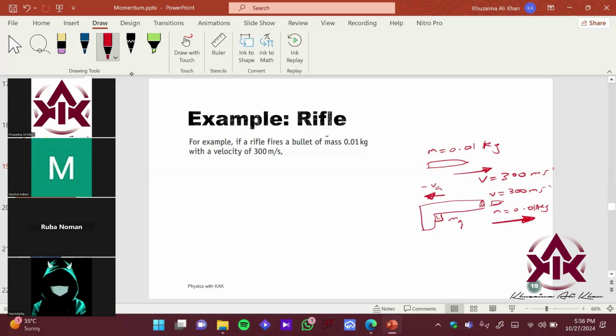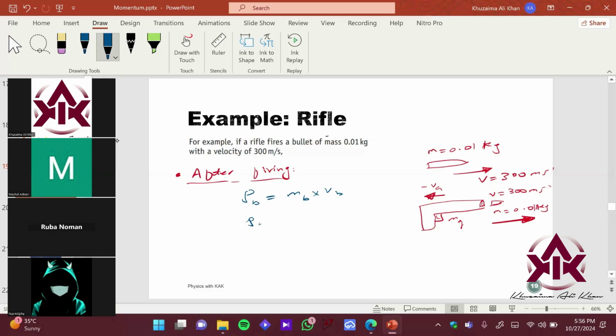So let's find the momentum of the bullet after firing it. After firing, the momentum of the bullet is mass of bullet times the velocity of bullet, right?